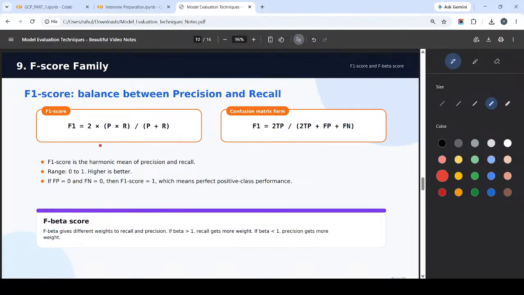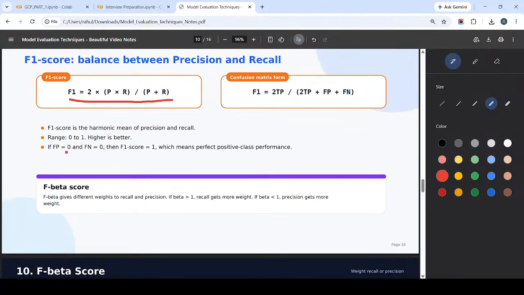Then comes the F score family, the balance between precision and recall. This is 2 into precision into recall upon precision plus recall. It ranges from 0 to 1 and higher is better. For the F1 score, if false positive is 0 and false negative is 0, then the F1 score will be 1. The beta score gives different weights to recall and precision.